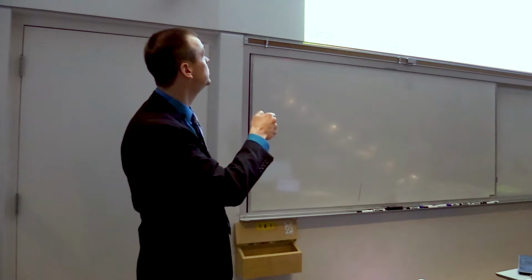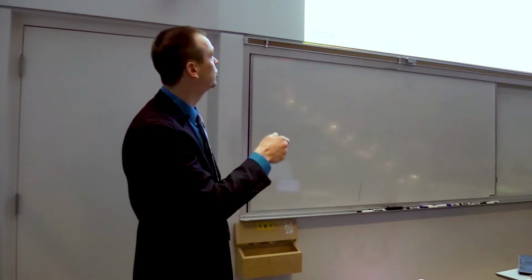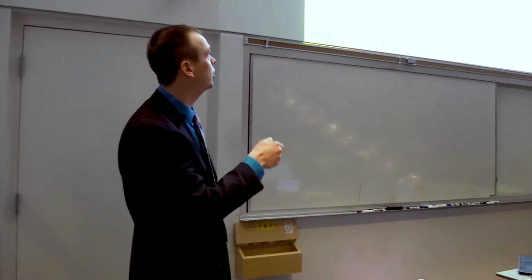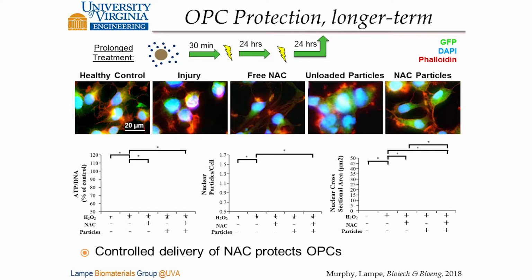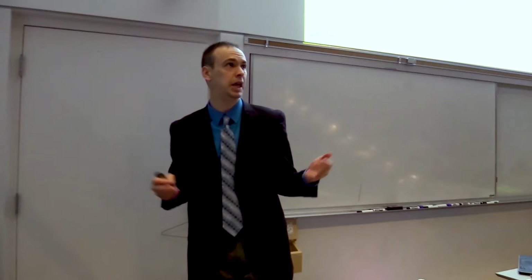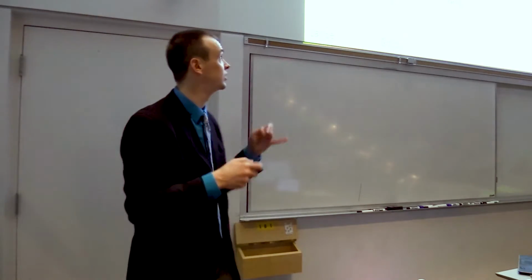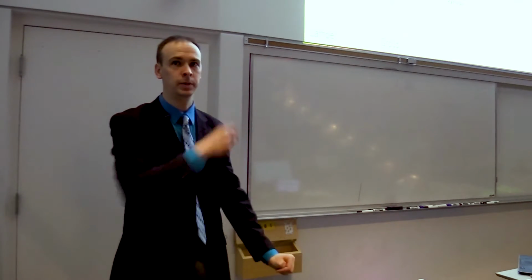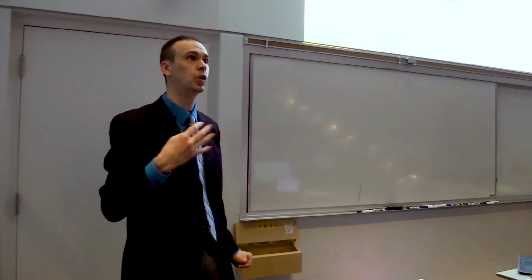And we quantified all sorts of stuff. So we looked at, again, ATP divided by DNA. Cells look great when you have particles, back up to a healthy control, where we didn't expose them to anything at all. We also looked at nuclear particles per cell. As cells start to undergo apoptosis, they fragment their nucleus, and they make little bits of nucleus inside of a cell. So the more fragments you have, the unhappier the cell, the more apoptotic effects, more cell death you're having.